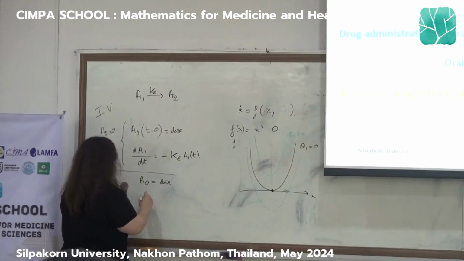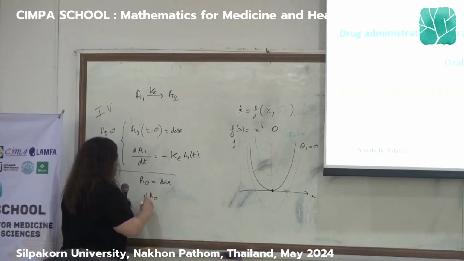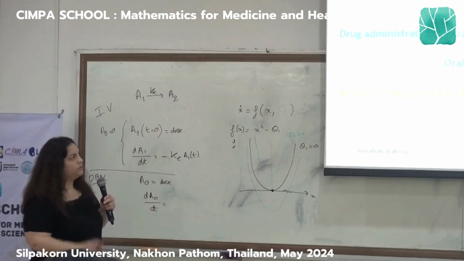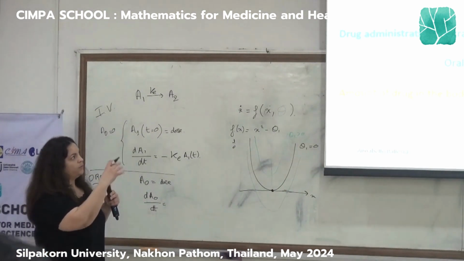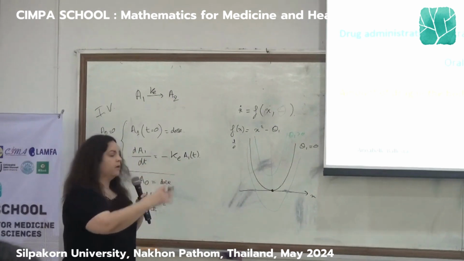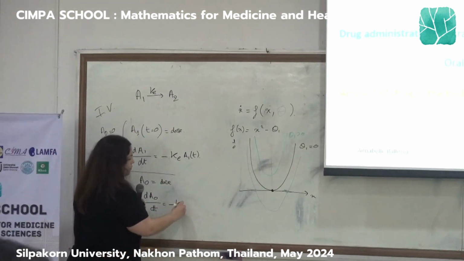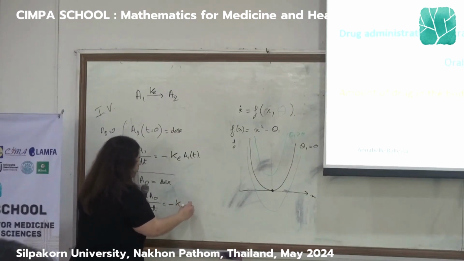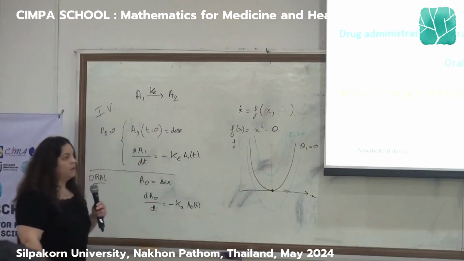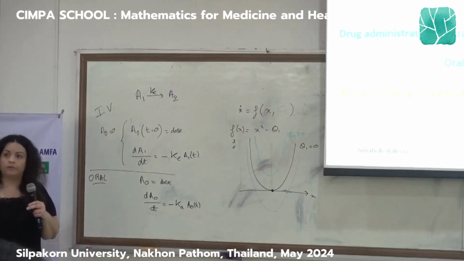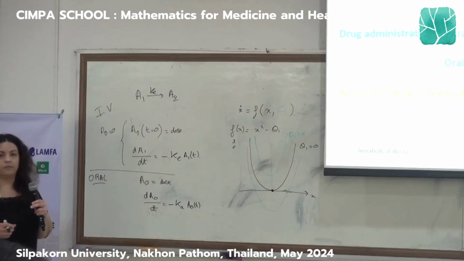And we have an equation for A0. Similarly to A1, A0 is going to go from compartment A0 to compartment A1. So it's going to disappear from A0 with the rate Ka for absorption and proportionally to its amount, A0. And A0 can only disappear because all drug is given at time t equals 0.